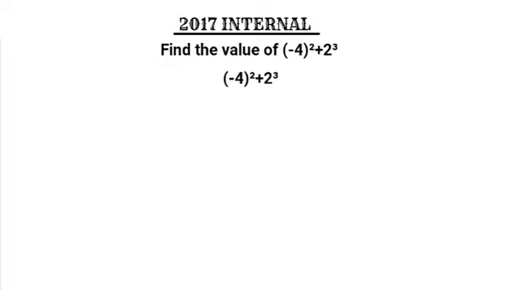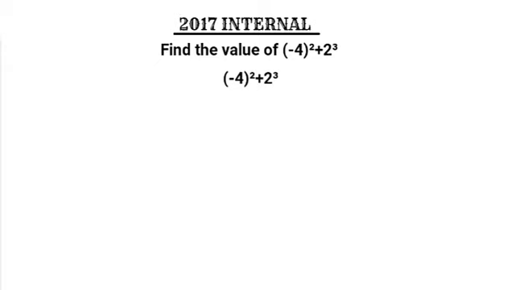I take it that you paused the video, found the answer and have written it in the comment section. So now let me also demonstrate how this question is solved. What we need to do now is expand these numbers which are given in index form. We'll start with -4, which is raised to the power 2. -4 raised to the power 2 tells us that we need to multiply -4 by itself twice.